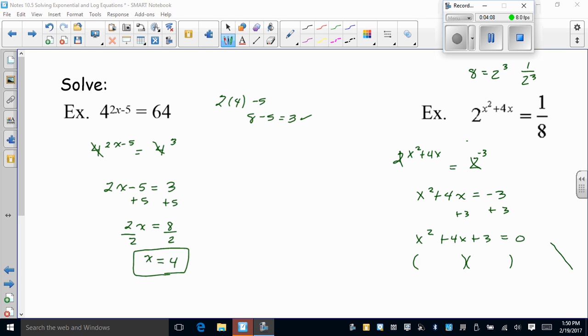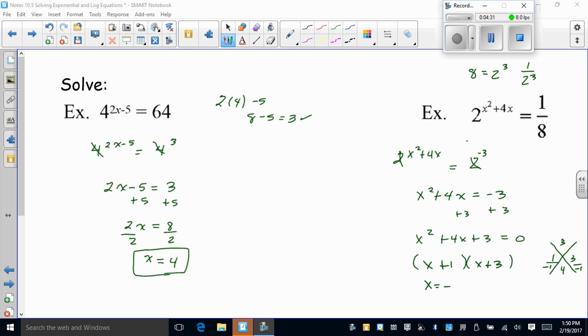Need factors of 3 to add up to 4. So this is just 1 and 3. So x plus 1, x plus 3. Those who know the wagon wheel know to divide by the leading coefficient, change the signs, and you get x equals negative 1 and x equals negative 3.